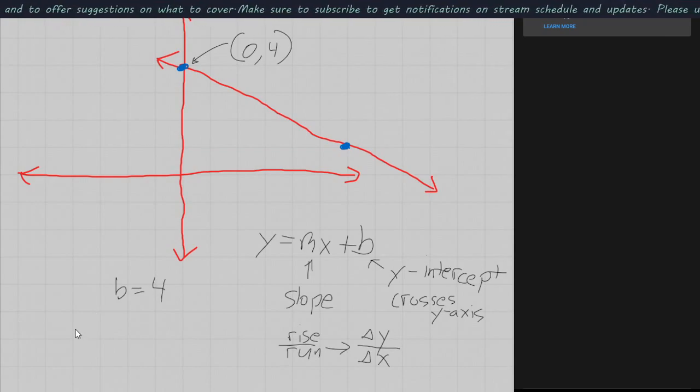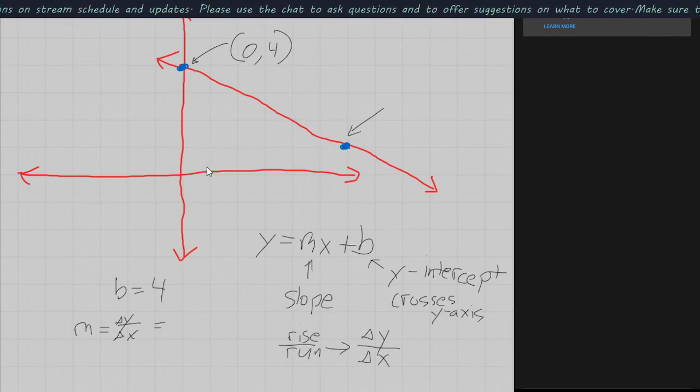Now we need to find out what our slope is. So our change in y over our change in x. So how did I get from this point to this point? You can do this one of two ways. Yesterday I showed you you can use the equation by having the 2 points.